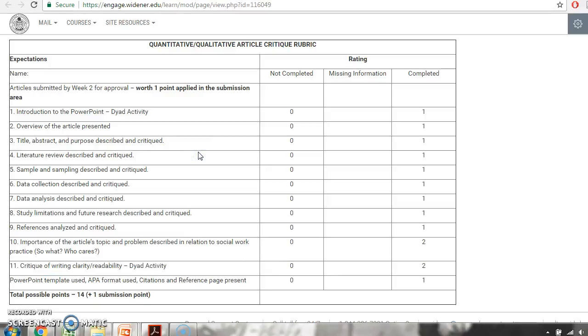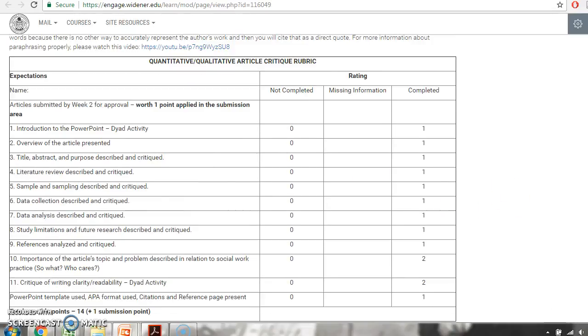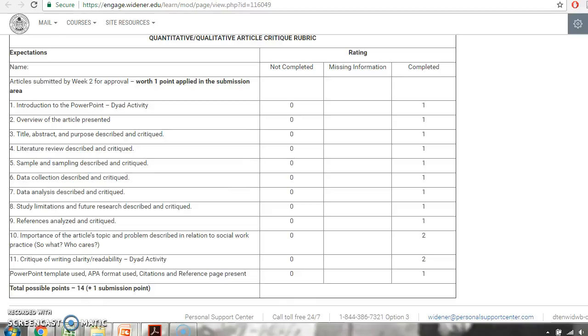So if people are concerned, I know sometimes I've had groups that have had some challenges and they were concerned that somebody else may influence their grade. You do all get graded individually for this assignment, though it is certainly a group effort. And if anyone has any questions about that, please feel free to email me. I'm really looking forward to seeing these presentations.